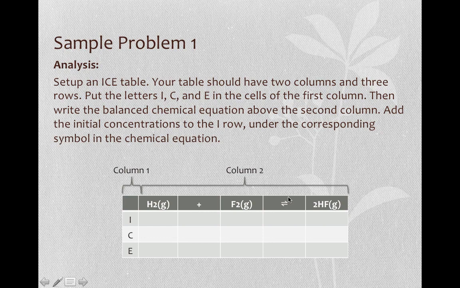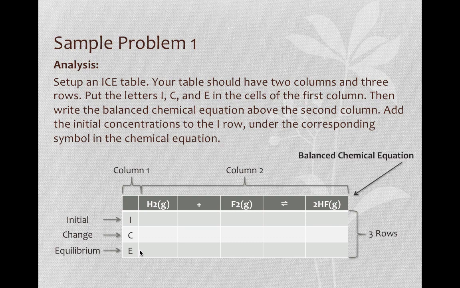Then we're setting this up into 2 parts. Here's where we're writing out our ICE on the bottom. I stands for our initial molar concentration of the substances, C stands for our change in concentration, and E stands for the equilibrium concentration.